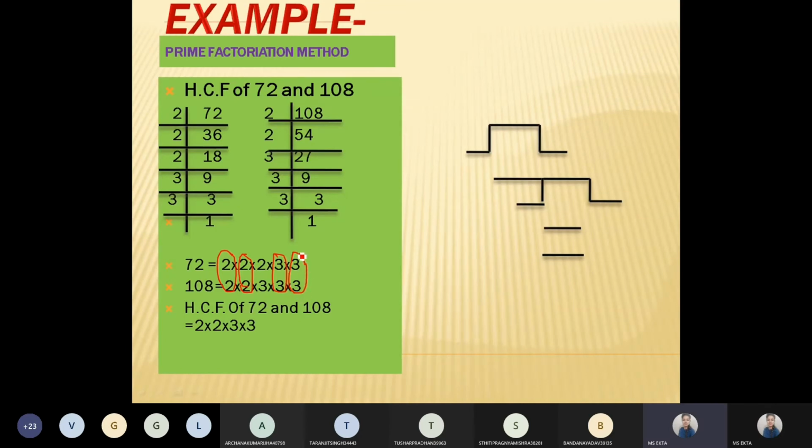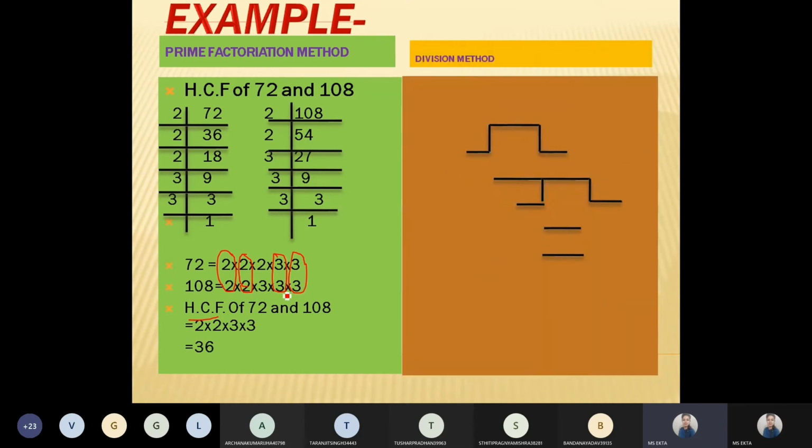When we multiply all the common factors, we get HCF. 2 into 2 into 3 into 3 will give you 36. So 36 is the HCF of 72 and 108. This is the prime factorization method.